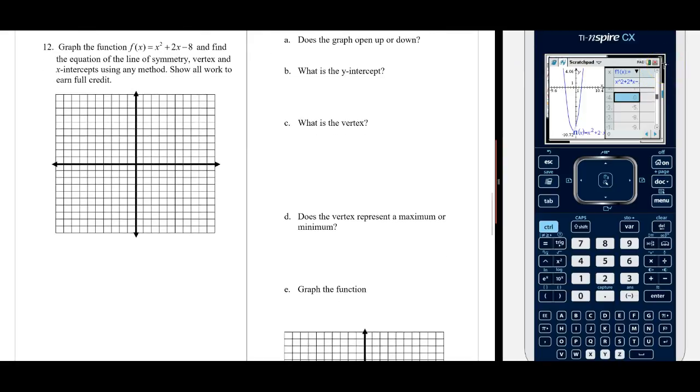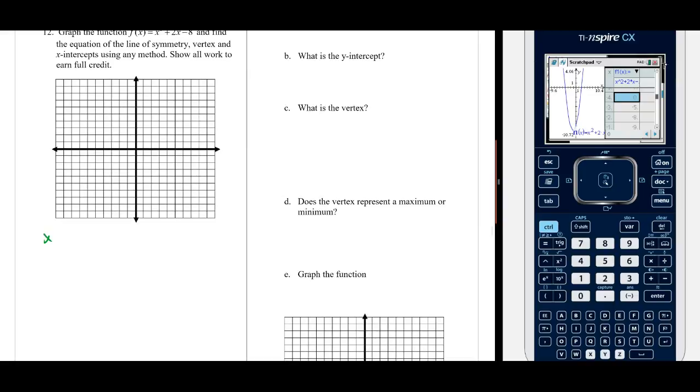So if we make a table of values over here, x, y, looks like -4, -3, -2, -1, 0, 1, 2.